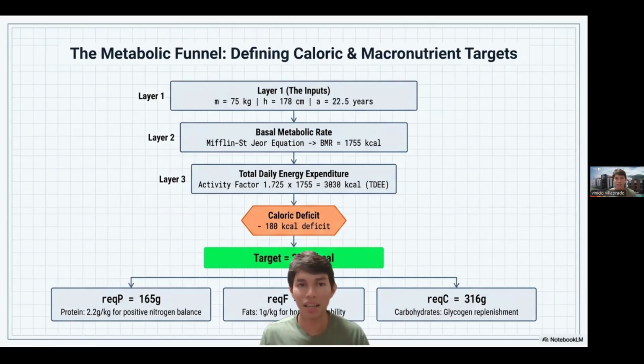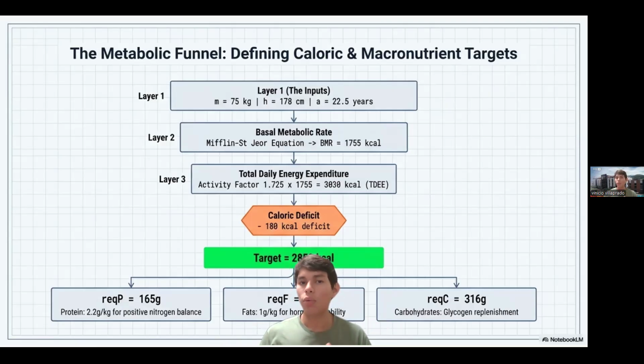But I also have to add an activity factor. As I live in Yachay, which is all hills and mountains, I have to move all around the campus, and I also do my gym workouts. So it gives me a high activity factor of 1.725, which gives a total daily energy expenditure of 3030 calories.